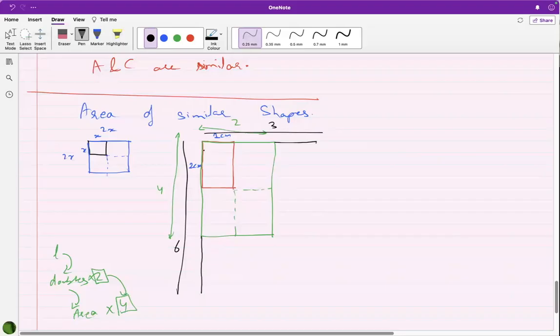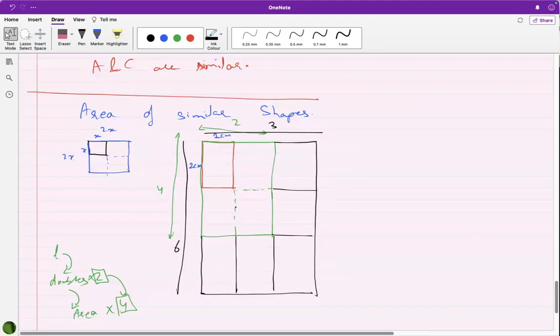Compare it with the original one, the one in red. So if I draw those same squares, can I see that increasing it 3 times actually increases the area 9 times? Oh, so it's kind of like square numbers. So if it's 3, then it's going to be 9. If it's 2, 4.